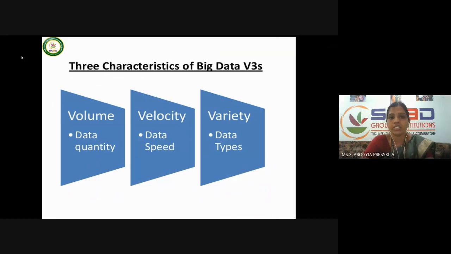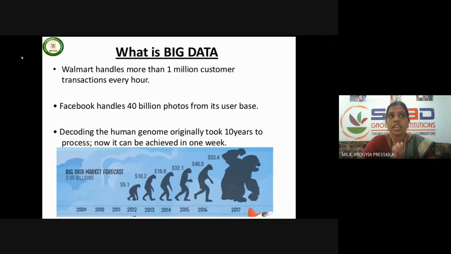So what is big data? It is a large collection of heterogeneous data. What does heterogeneous mean? It means different types of data. Data means related information.